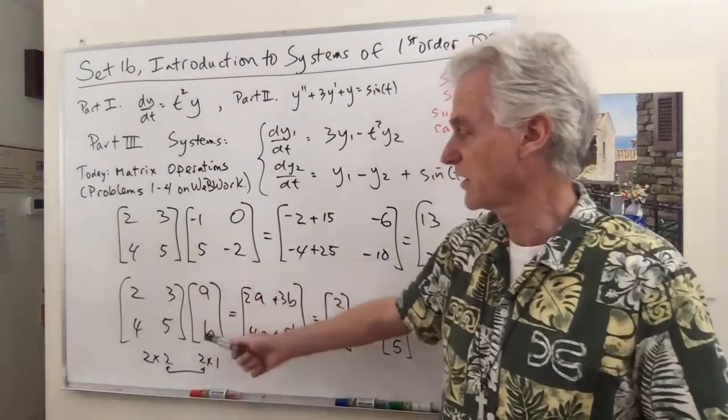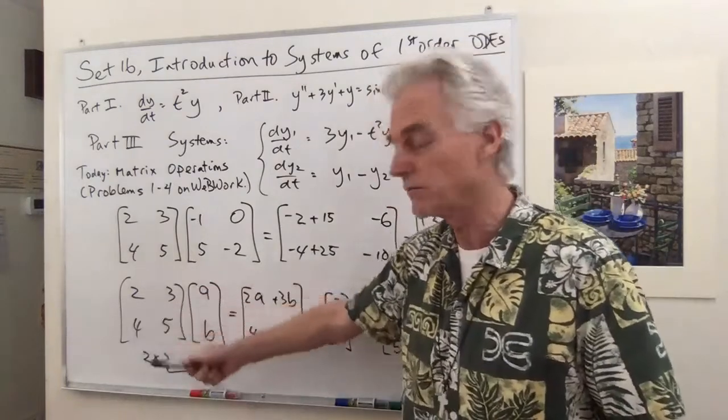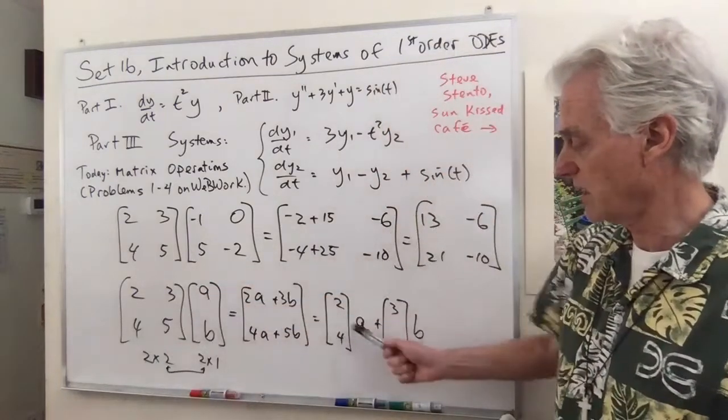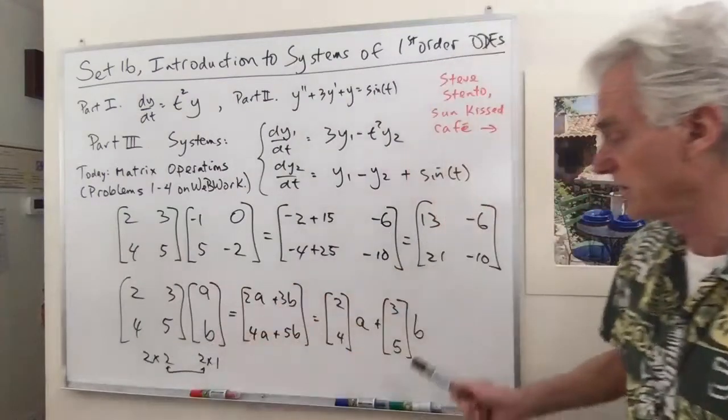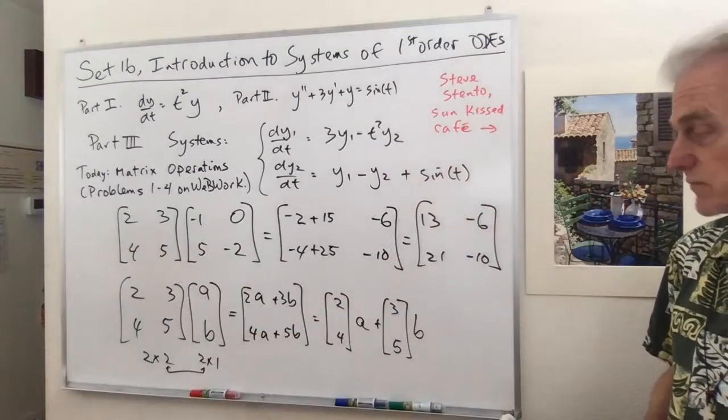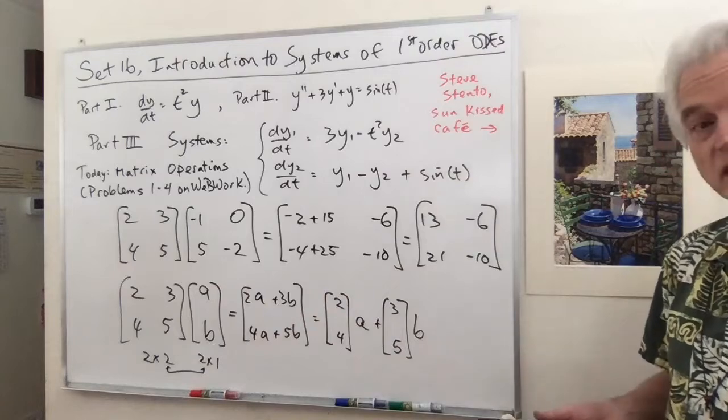So this matrix multiplication is that first column times a, plus the second column times b. Okay, that's a nice way of thinking about it.